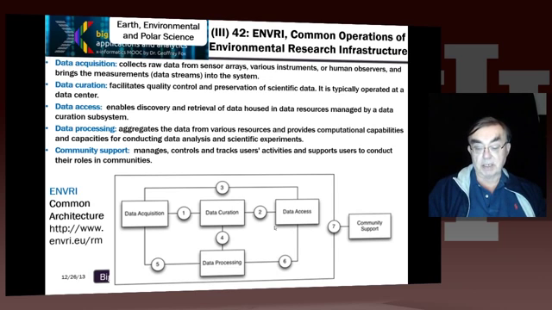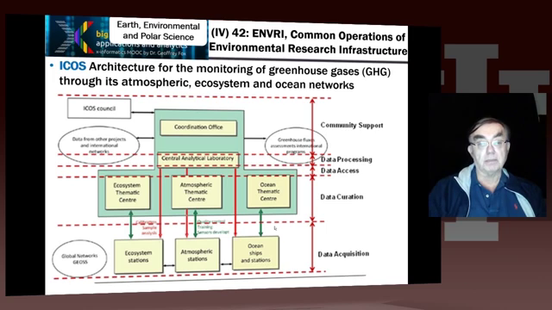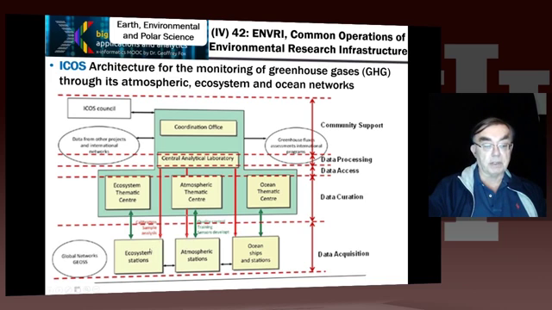And then we have, for each of the subsystems, a picture of their particular architecture, which are not necessarily drawn in the same way. Like here we have ICOS, which has the different observers: ecosystem stations, atmosphere stations, ocean ships. Then these get fed into centers for each of those areas, and a central analysis and coordination office.